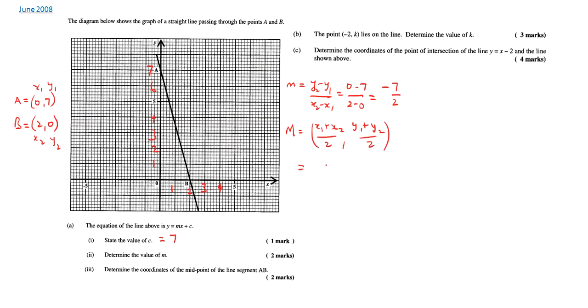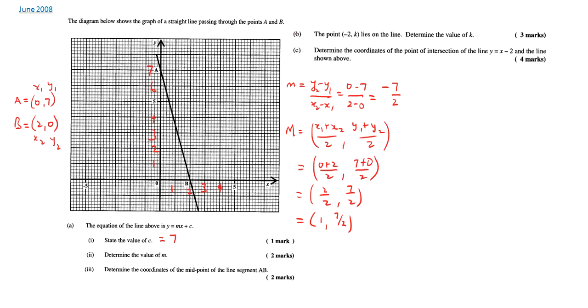So this will be 0 plus 2 over 2 and 7 plus 0 over 2, and this will be 2 over 2, and this is 7 over 2. So M is (1, 7 over 2). Right? So that is the midpoint of the line segment AB.